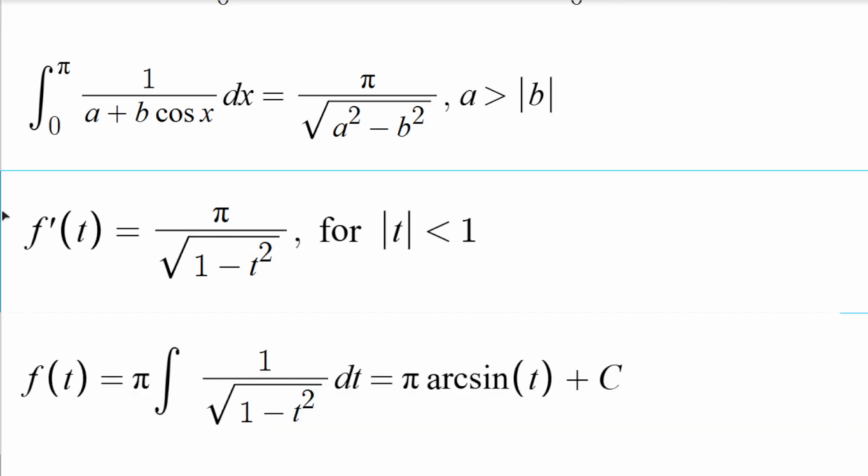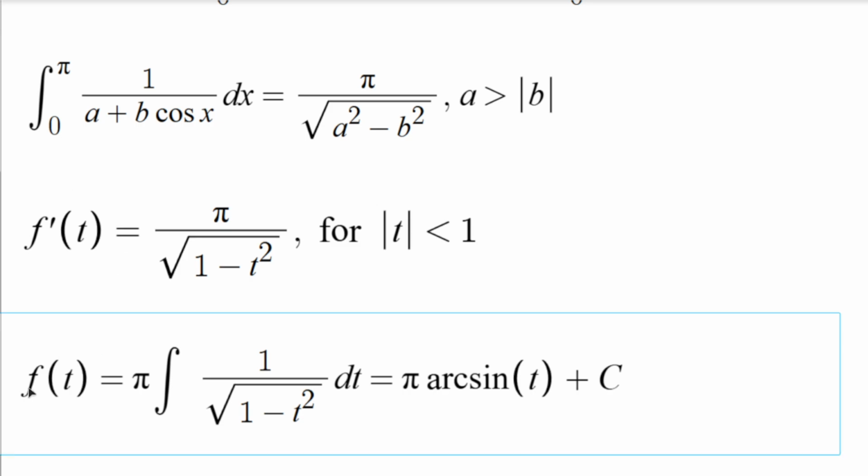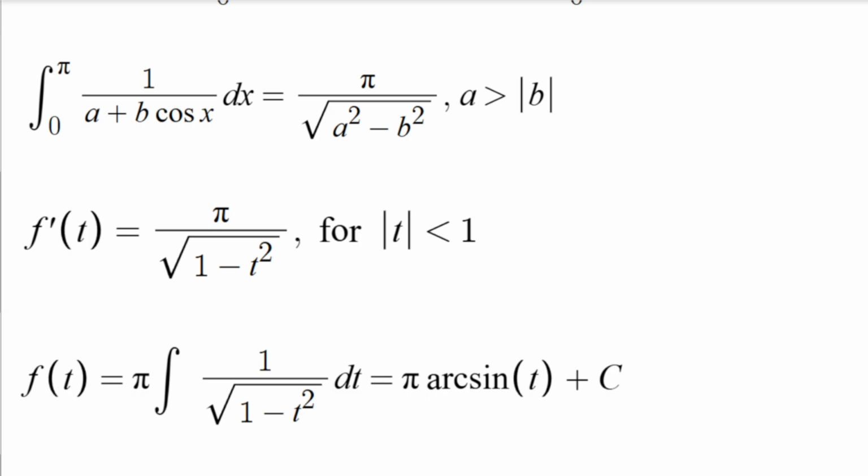Next, we integrate our f prime of t to get back to f of t. This is a fairly standard integral. This right here is the derivative of arc sine, so its antiderivative is arc sine. So f of t is equal to pi arc sine t plus c.